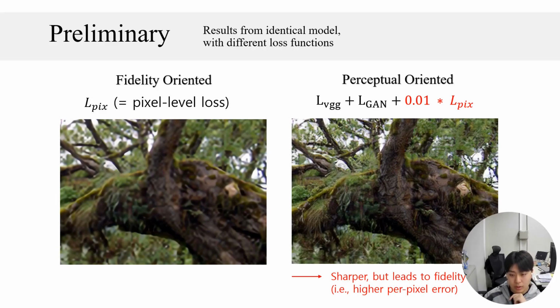An important point here is, is this a free lunch? Can we get sharper and more realistic images without any drawbacks? The answer is, unfortunately, no. In fact, there is a fundamental theoretical limitation to super resolution models, which we call the perception-distortion trade-off.